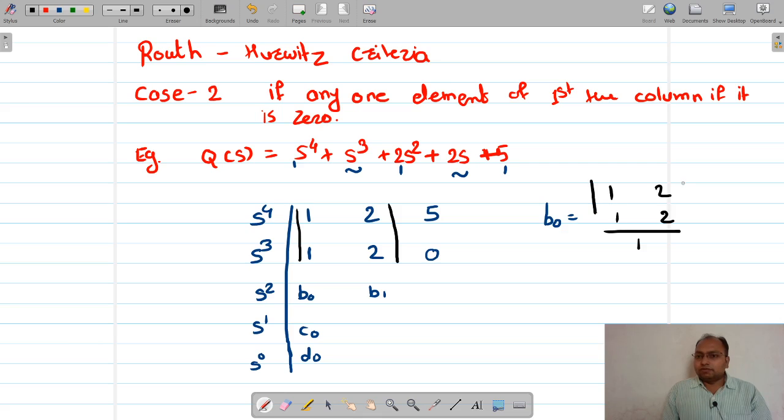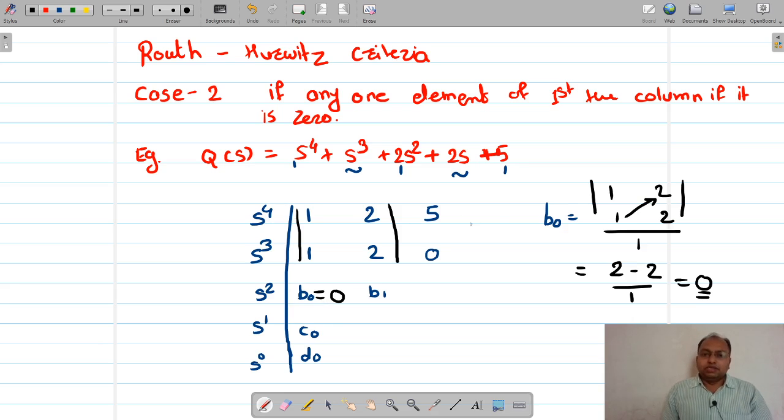That is 2 minus 2 divided by 1, so this element itself becomes 0. We cannot proceed further, because this term will be used again when we calculate c0, and it would again be divided by 0. Anything divided by 0 is infinity, so we cannot solve further. For that, there is another technique that we are going to check.